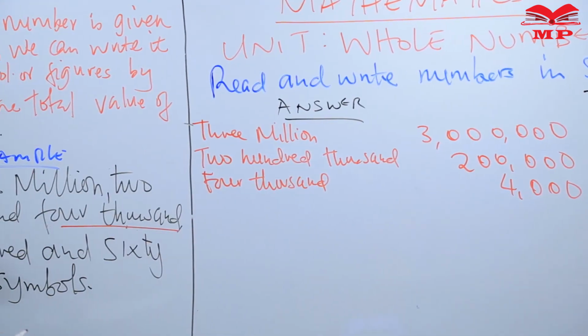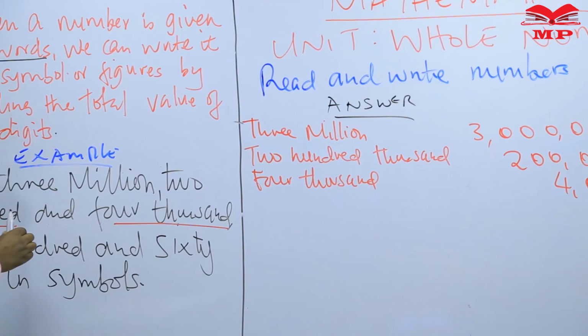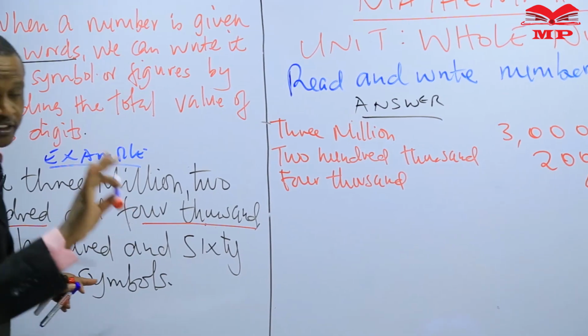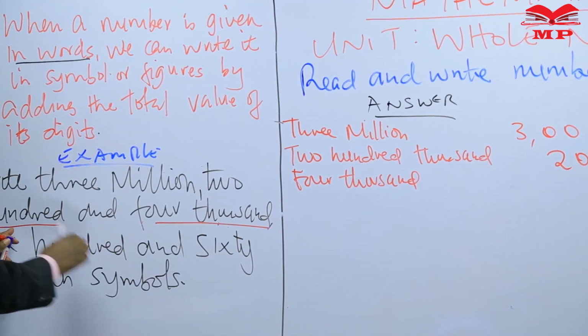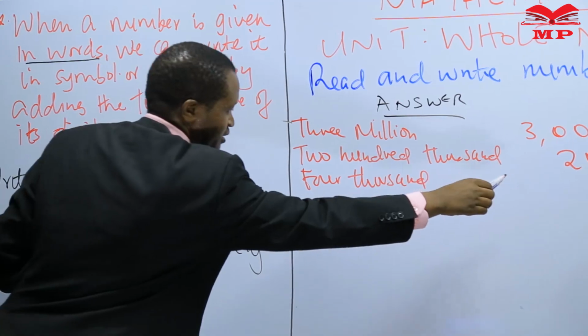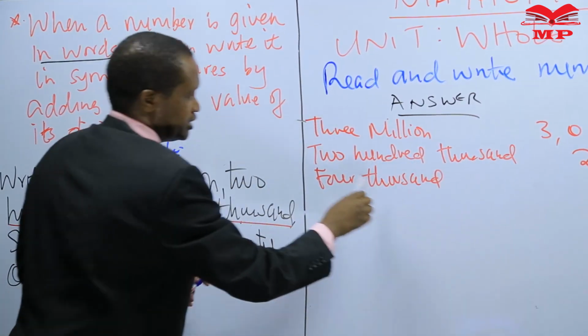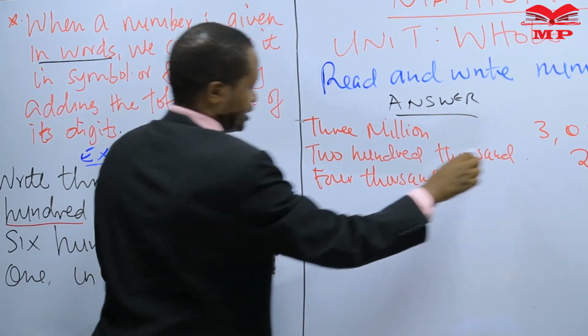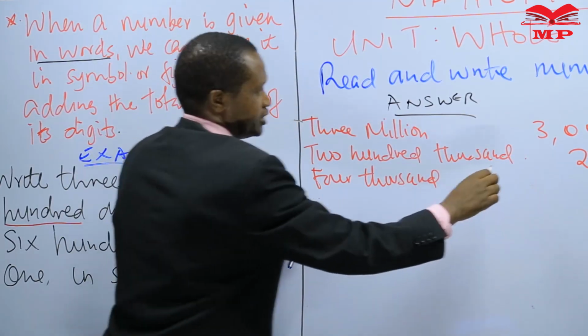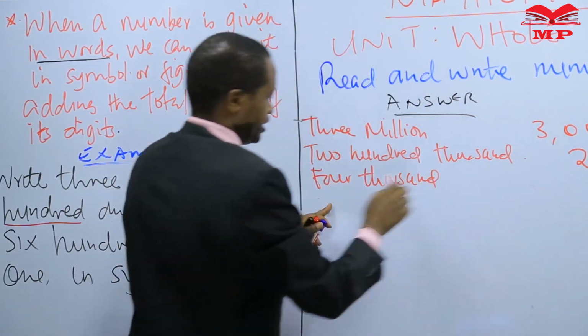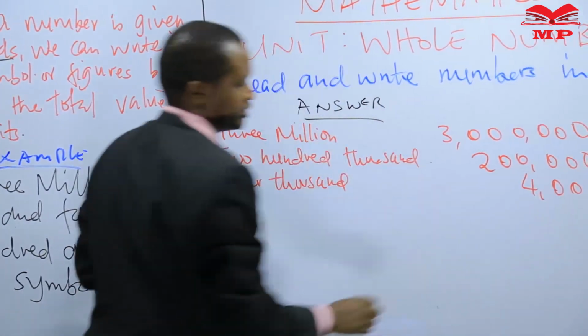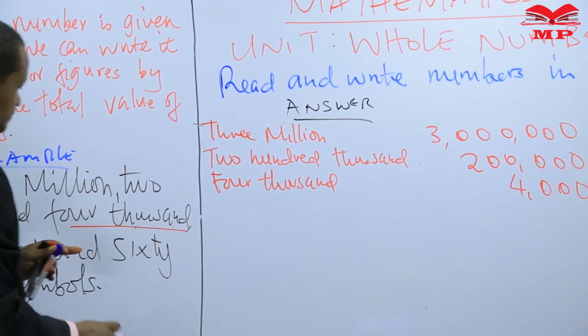So the second bit here, 204,000, we split it into two. We take the 200,000 first, then we take the 4,000 next. Is that clear?